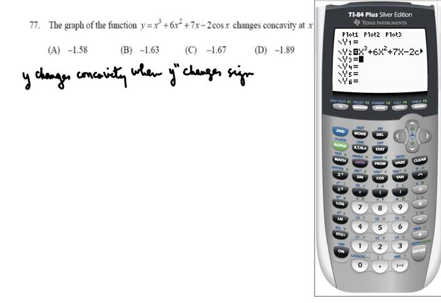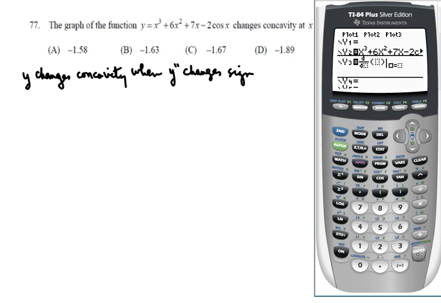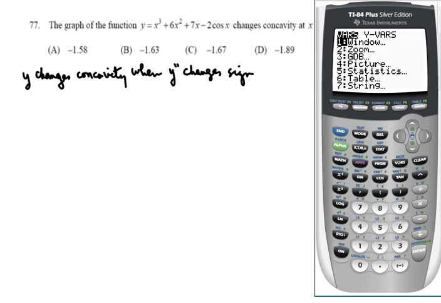The way I'm going to get the first derivative is to go to Math, and then up to nDeriv. Now I have the new operating system, so yours might be a little bit different. The variable I'm differentiating with respect to is x, and I'm going to use yvars function y2 in this case.